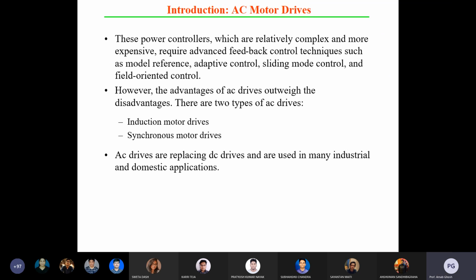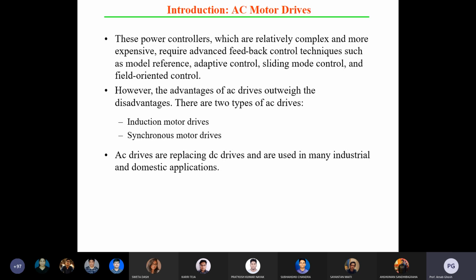Then what are the other important things in the introduction to AC motor drives? About these power controllers, the AC voltage controller may be simple to operate and design. In the cycloconverter, the circuit is not so complicated, but the operation and control are very complicated.